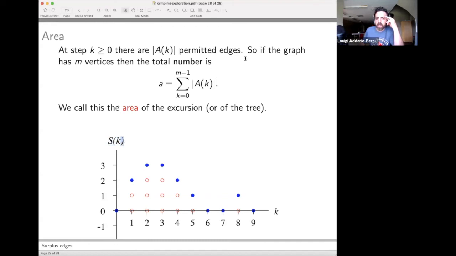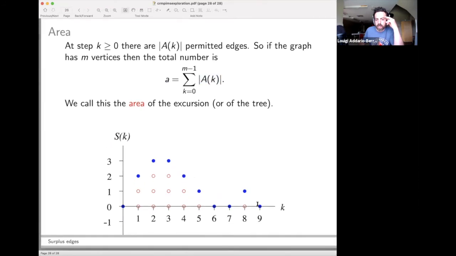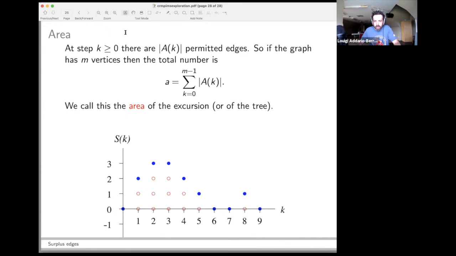That means that if the graph has m vertices, we can figure out the number of permitted edges just by summing the height of the active Q, summing A of k over the steps of the exploration. Quite a nice connection. It says that in the limit.